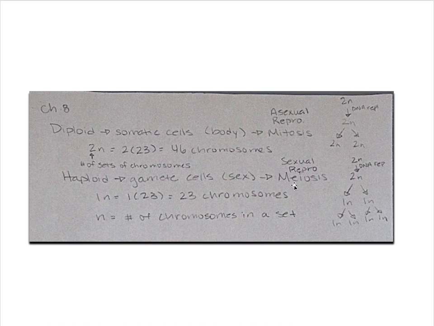These are produced by what's called meiosis, and meiosis is for sexual reproduction. These haploid cells are denoted by 1N or just N.